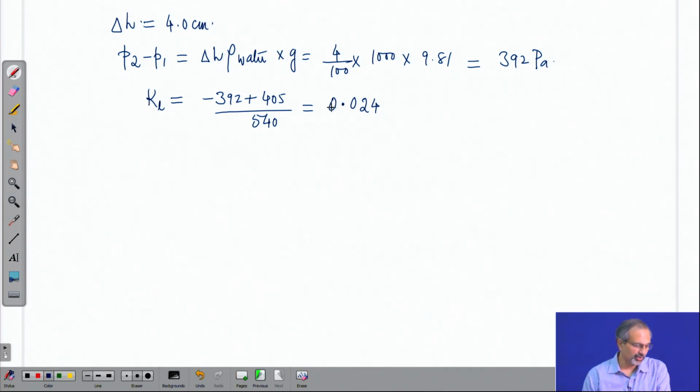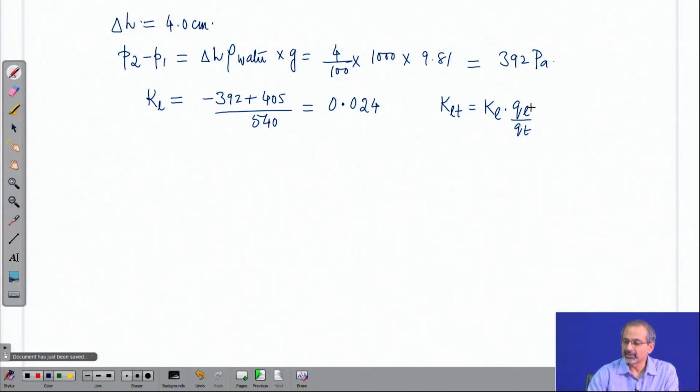That will be the value of your K L. If you want to find out K L T for the diffuser, it would really not matter, because by definition K L T is K L into Q L by Q T, but here Q L and Q T are going to be identical, because the Q L happens to be based on 30 meters per second, which is the same as the test section velocity. So, this is as good as K L itself.